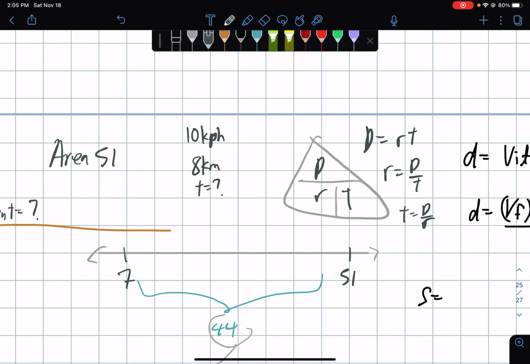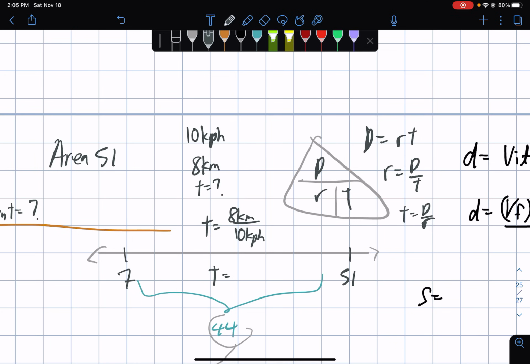This could be useful if you don't want to be late and you want to see how much time you're supposed to allot, even if you still want to stay at home before leaving, which doesn't really make much sense for some people. But yeah, time is equal to distance, which is 8 kilometers, over rate, 10 kph.